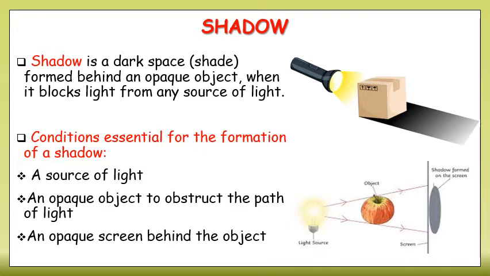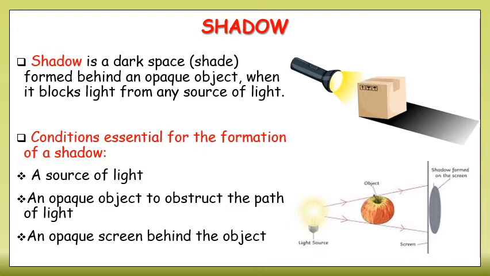You can see in the picture also that when an opaque object is placed in the path of light, it stops light from passing through. And since you know that light travels in a straight line, it cannot bend around the opaque object.